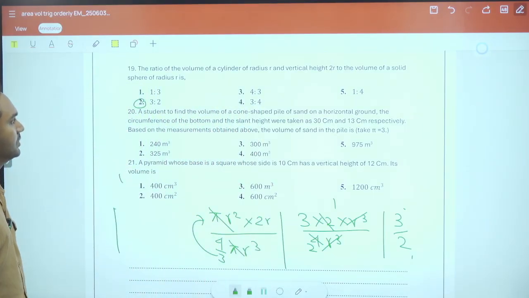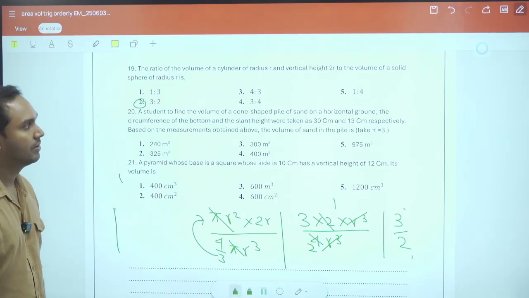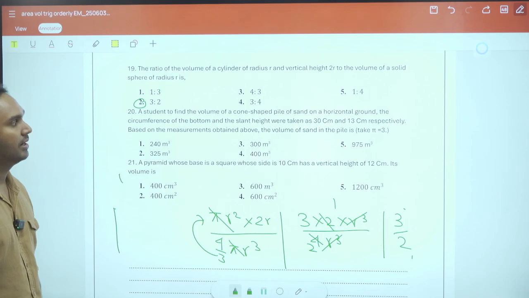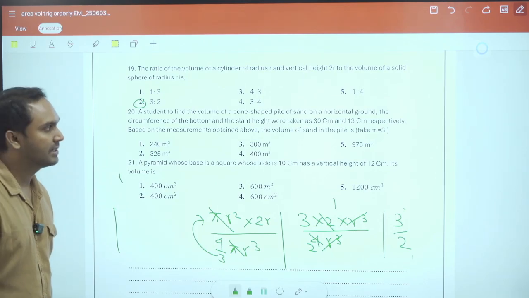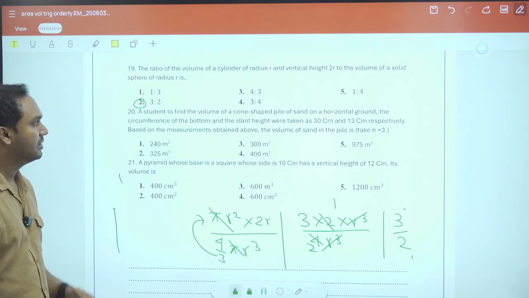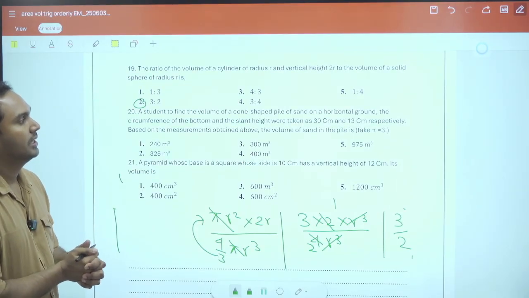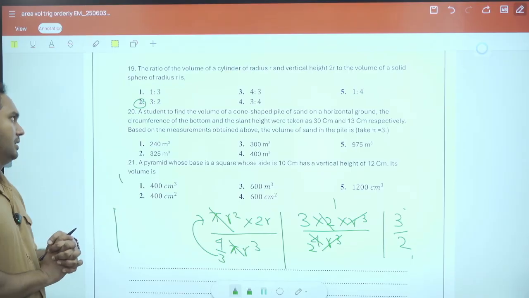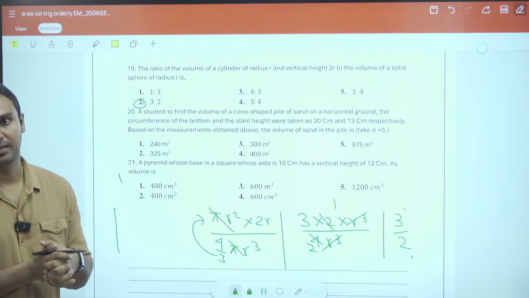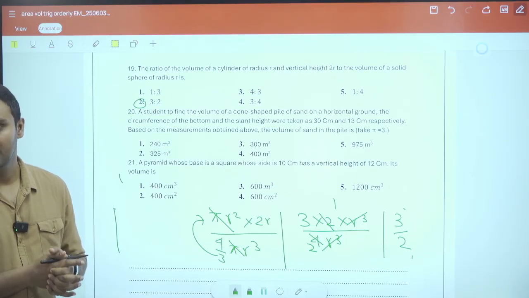Right? Okay, now come to the next, 20th question. A student is finding the volume of a cone-shaped pile of sand on a horizontal ground. The circumference of the bottom and the slant height were taken as 30 centimeters and 13 centimeters respectively. Based on the measurements obtained above, the volume of the sand pile is, take π as 3. So how do you do it? It's a pile of sand in the shape of a cone.